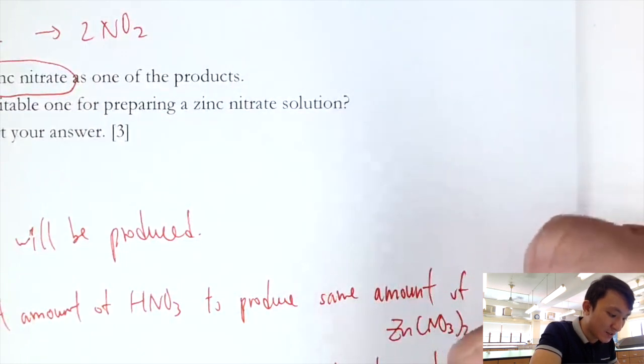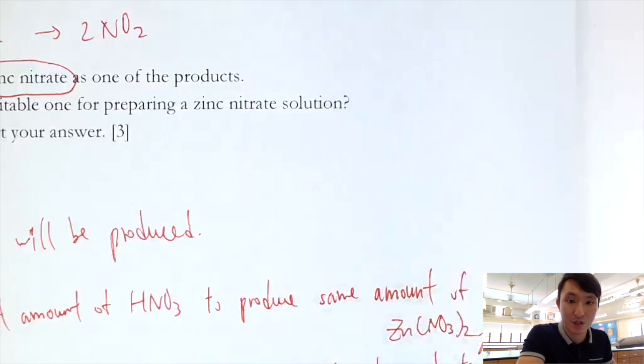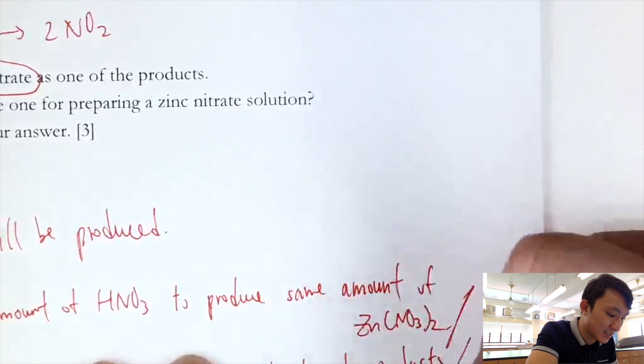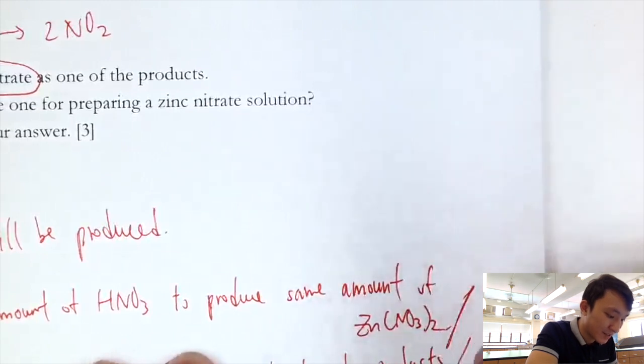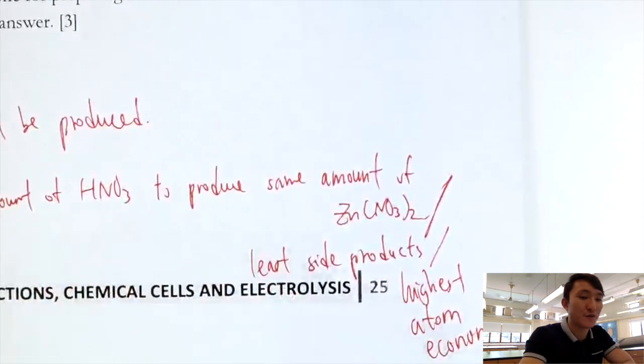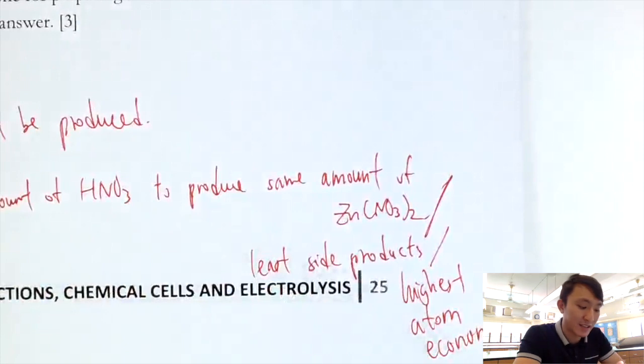Or if you later on study green chemistry in Form 6, you can also say that it has the highest atom economy. Okay? Atom economy is basically how efficient, how effective you are when you are manipulating the atoms of your reactant. So the most ideal case is all of the atoms from a reactant end up as your product.